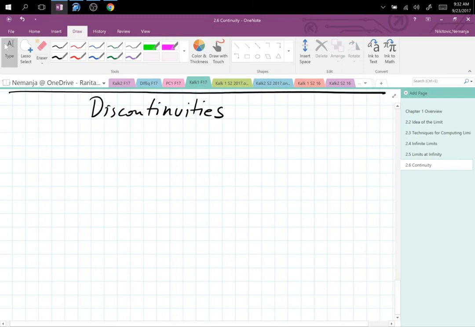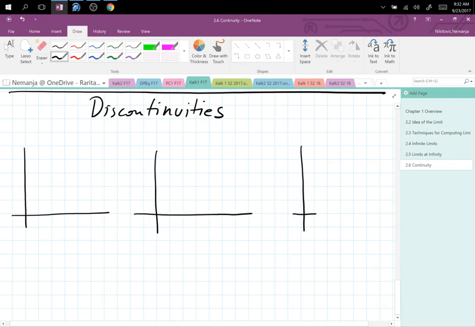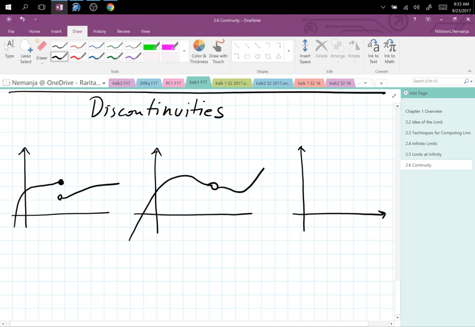Remember what we had for a point. The function value exists, the limit exists, and they're the same. I'm going to draw 3 graphs and ask you to tell me which rule is the first one to fail. Say I have something like this, something like that, and something like this.